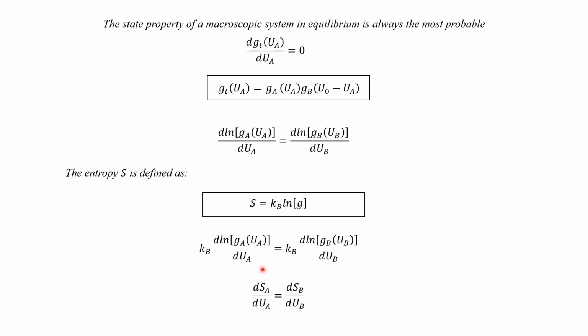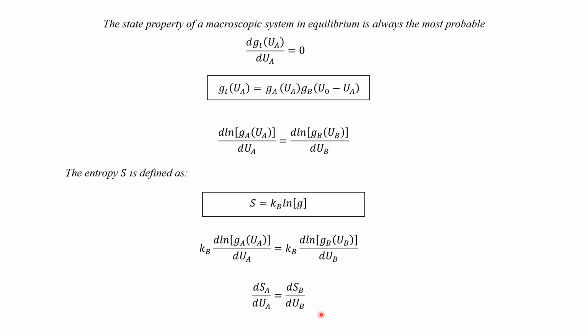Okay, so now we can say that the energy of system A, in other words, the energy at which this derivative is 0, the most probable energy, is the energy at which the derivative of the entropy of system A with respect to the energy of system A is equal to the derivative of the entropy of system B with respect to the energy of system B.